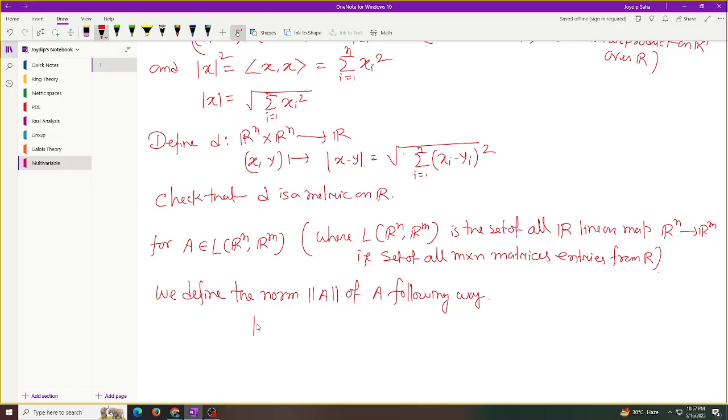It is the supremum of mod Ax, where Ax belongs to R to the power m. So mod of this is also defined this way, such that mod x is less than or equal to 1.